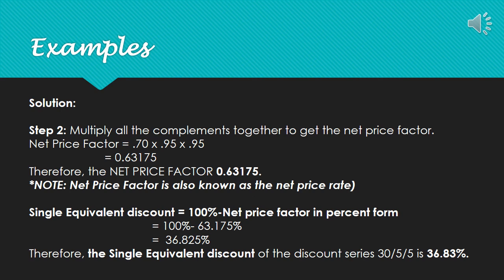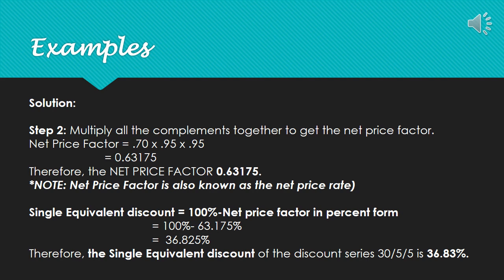Sabi dito, note, net price factor is also known as the net price rate. Kasi yung 0.63175, ayan yung pag minultiply natin yan sa list price natin, makukuha natin yung net price. So, parang ganun lang din siya.